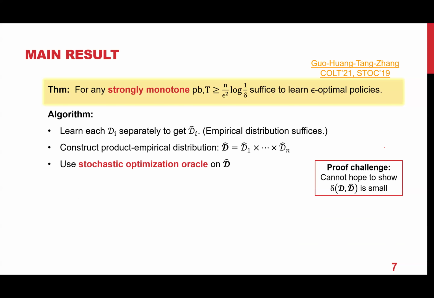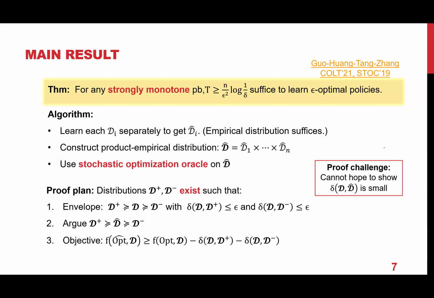So although we cannot hope to show that we can learn this in small TV distance, the proof approach is also very interesting. The approach is of the following kind.